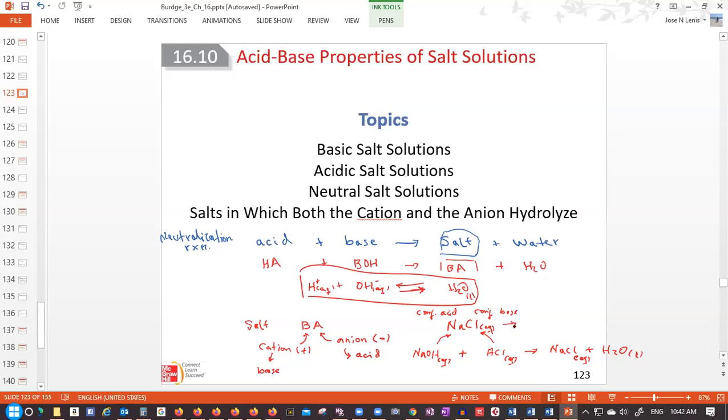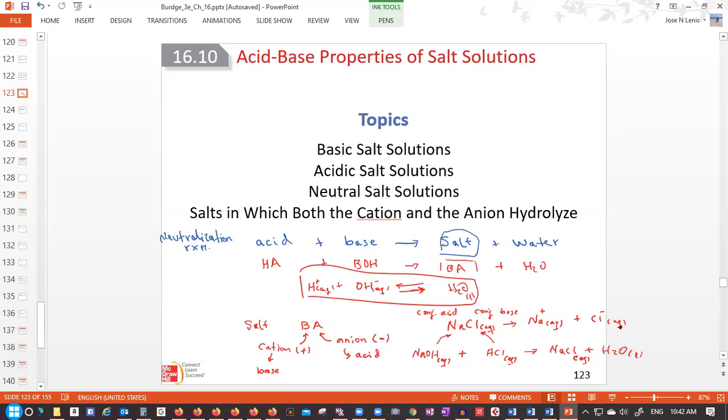That means the salt will exist only as ionic species in the solution, Na plus and Cl minus. So once the base and the acid form the sodium chloride, it will remain as ions.